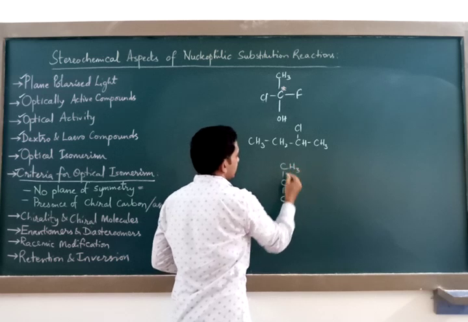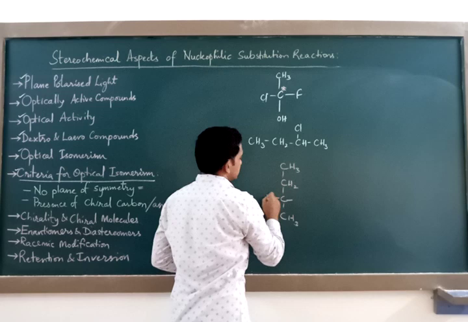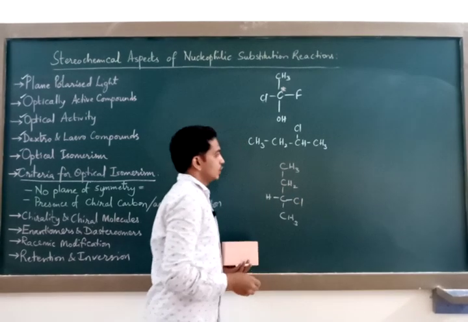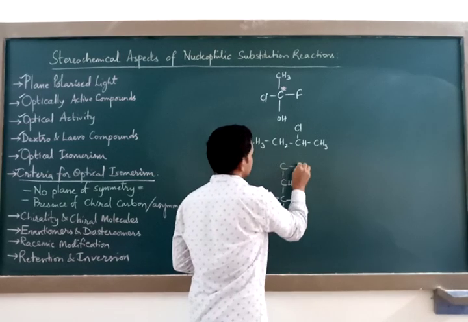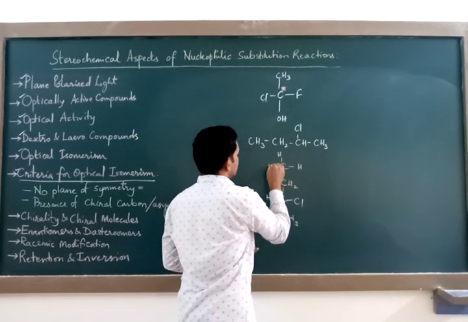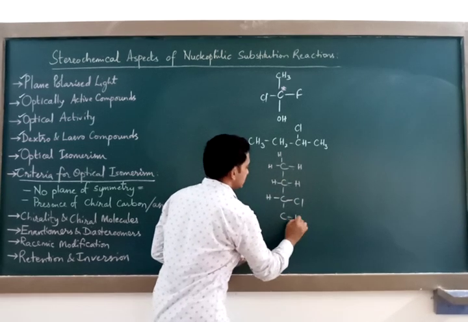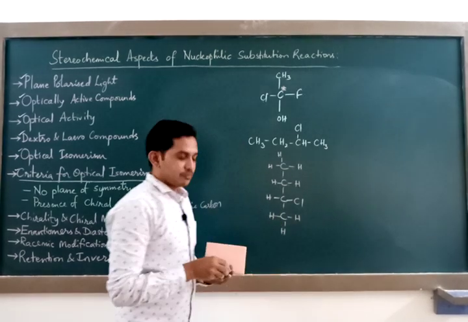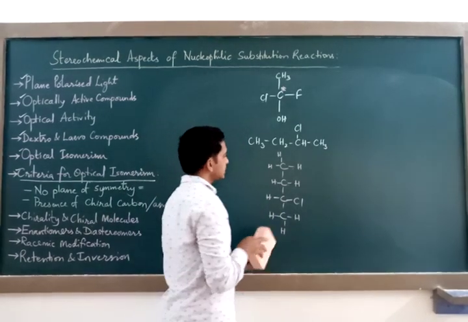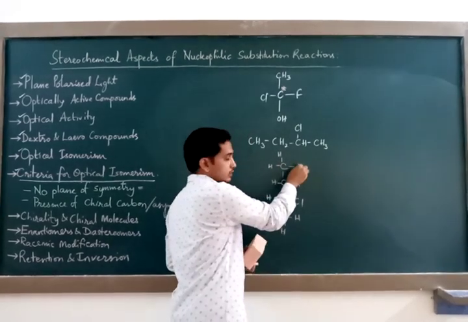So I will write CH3, CH2, here CH3, here H, here Cl. The first carbon has 3 hydrogens, the second carbon has 2 hydrogens, the last carbon has 3 hydrogens. Beginning from the first carbon, it is attached with 3 same atoms.